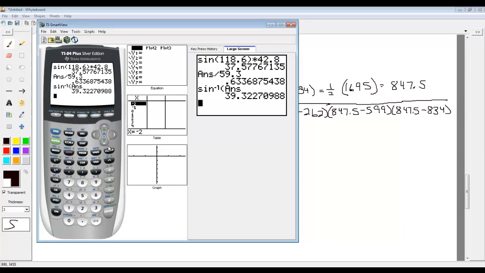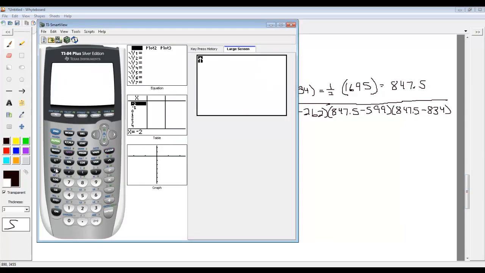Fun times, eh? Alright, second function, square root. We got 847.5 times 847.5 minus the 262 times 847.5 minus the 599 times 847.5 minus the 834.